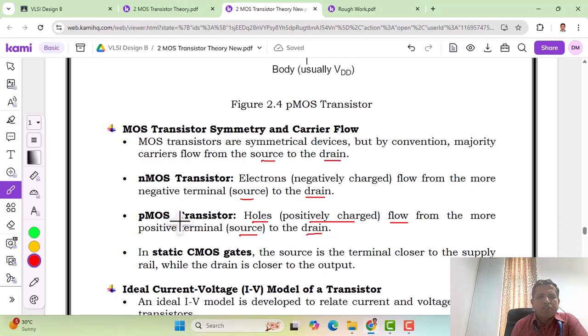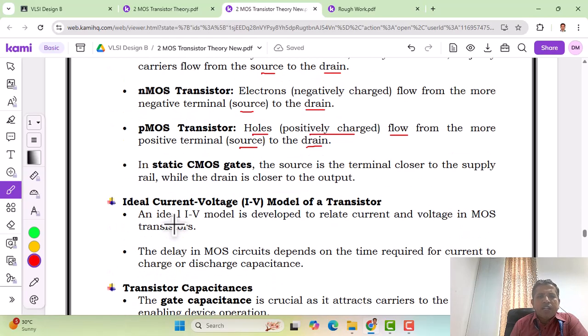In static CMOS gates, the source terminal is close to the supply rail, while the drain is closer to the output. Okay, so we've already seen CMOS logic design, how to make a variety of gates using CMOS, and we have already shown that a drain is close to the output.